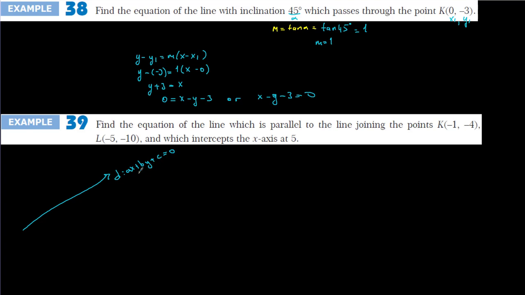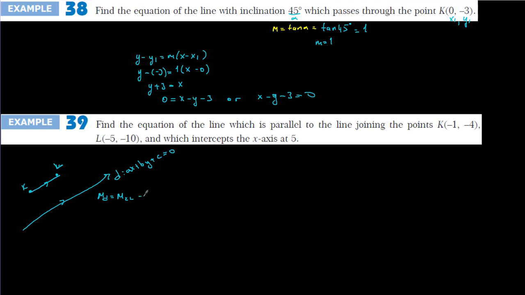And this is the line, but we have one parallel line segment here, which is KL, and this line segment is parallel to our line. When the line segment and this line are parallel, it means that the slopes should be equal to each other. So the slope of d should be equal to the slope of KL.